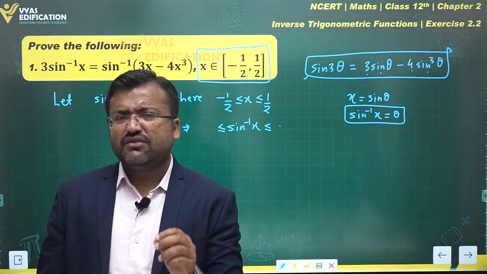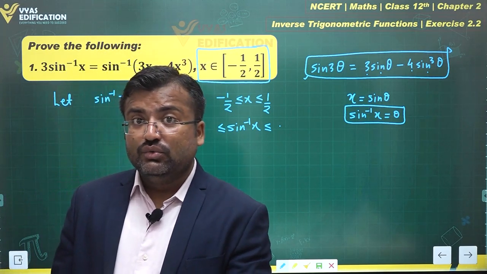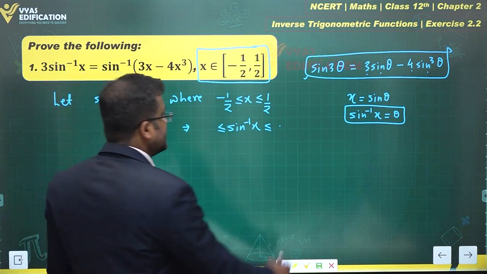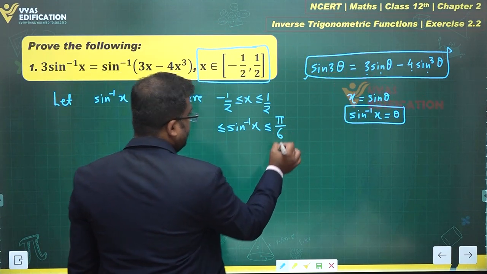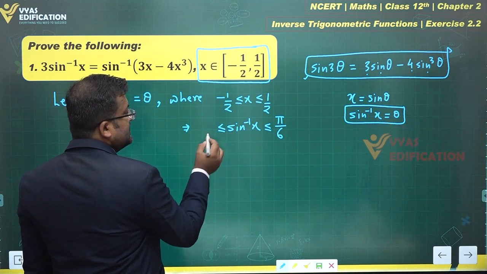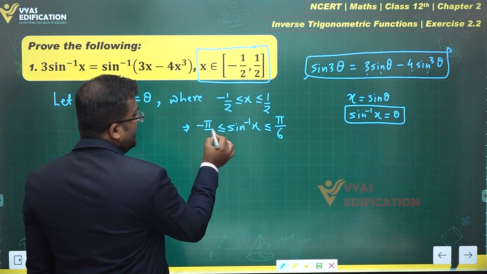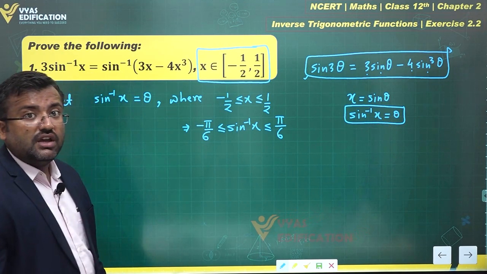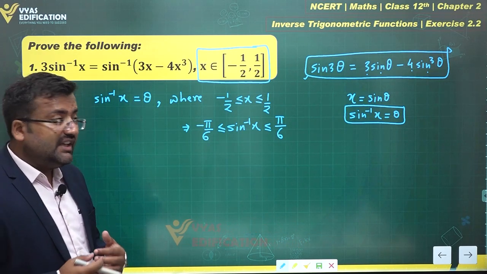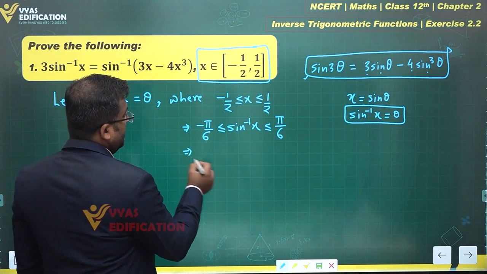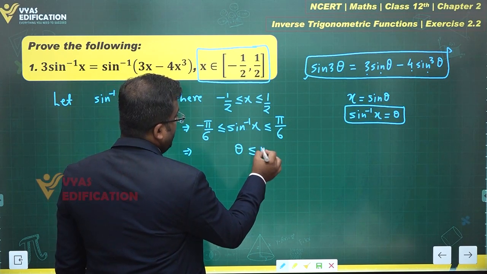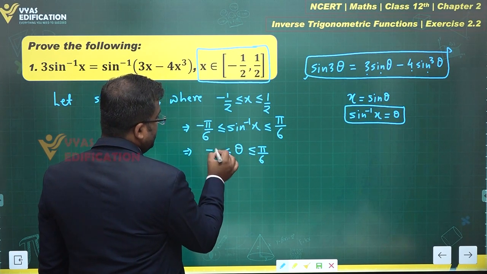Sine inverse 1 by 2 is simply pi by 6, and sine inverse minus 1 by 2 is minus pi by 6. So now we are aware of the values of theta as well. Therefore, theta is less than or equal to pi by 6 and greater than or equal to minus pi by 6.